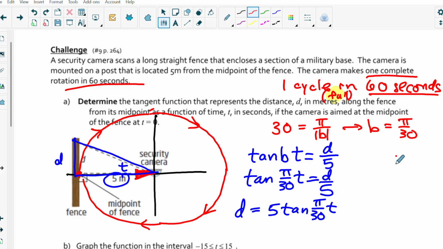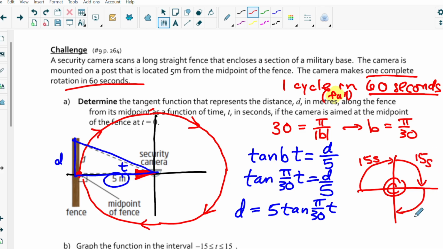So when I think of the camera here, this is 15 seconds, 15 seconds, 15 seconds, 15 seconds. Also, pi over 2 radians, pi over 2 radians.